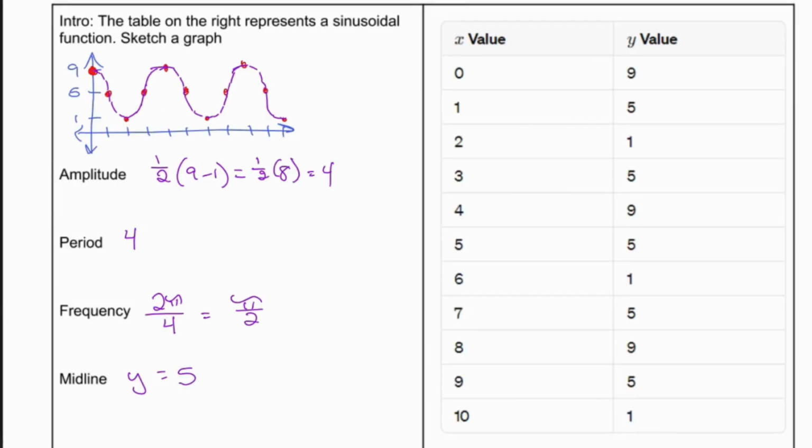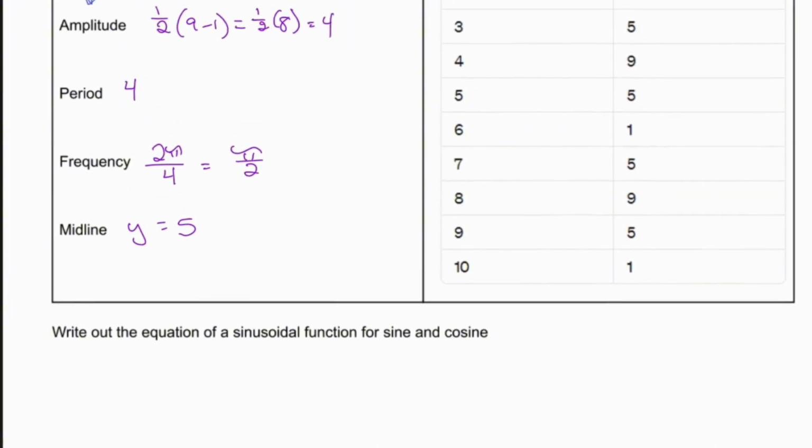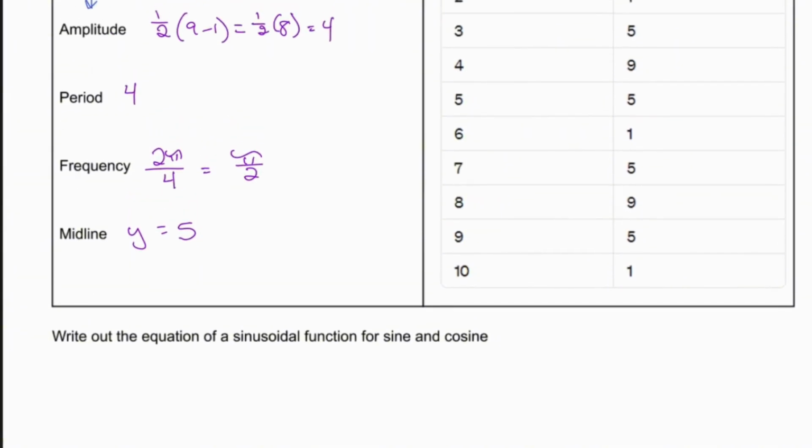This looks like it's a cosine, so I believe the next part is write out the equation. It sure is, but we're going to do both sine and cosine. So we'll start out with the cosine first and then turn it into sine. So the cosine version of this would be, and we're comparing it to y equals a cosine b times x minus c, close it, plus d.